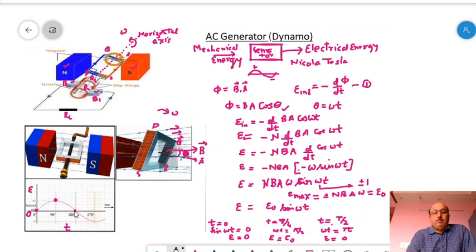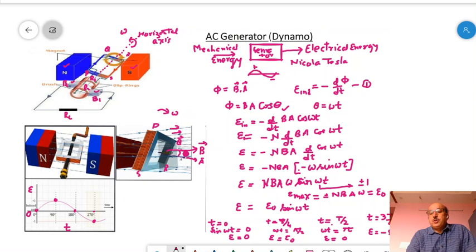As time changes to 3T by 4, that is 270 degrees, then we will get E is equal to minus E naught. This point represents 270 degrees, and here is the minus E naught.